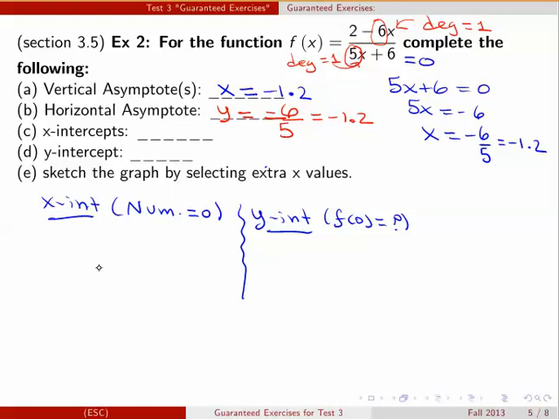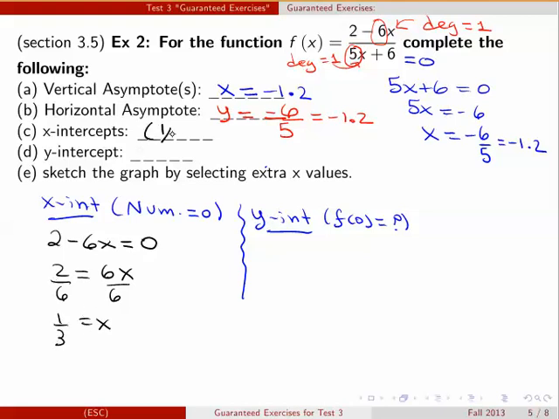We set the numerator equal to 0 and solve for x. Adding 6x to both sides, we get 2 equals 6x, divided by 6, and we get x equals, when we simplify this, 1 over 3. So the x-intercept is (1/3, 0).